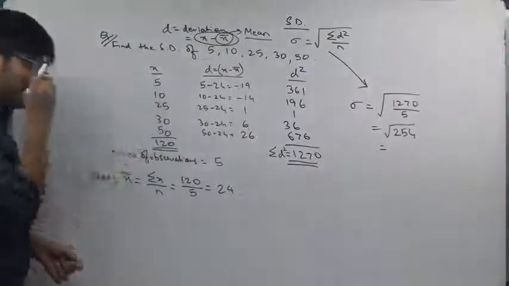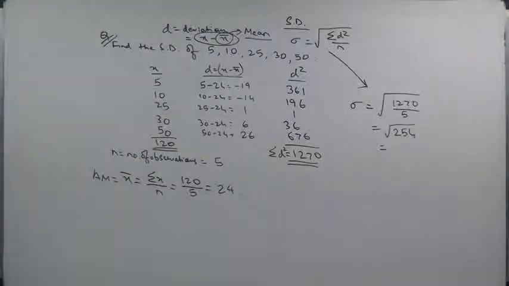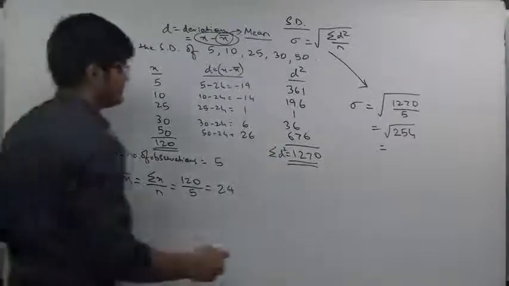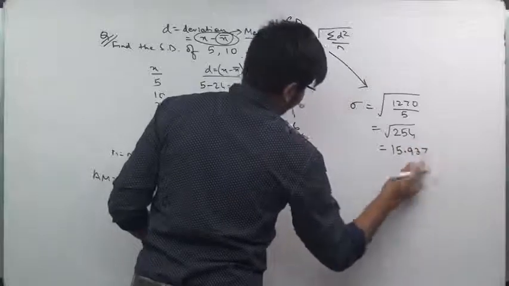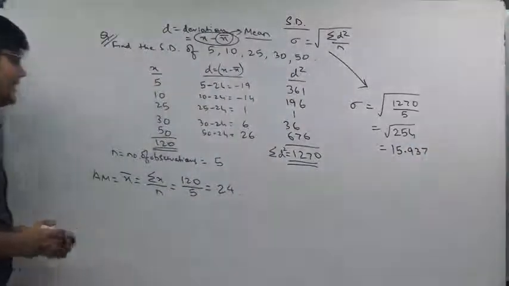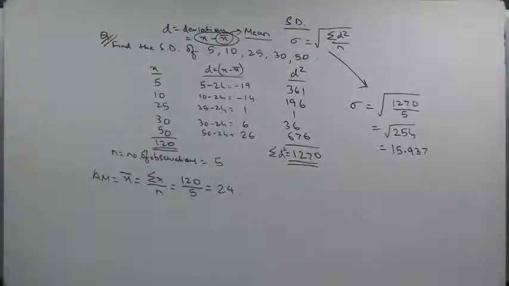Use calculators if allowed. If not, use the long method for calculation. Approximately 15.937.